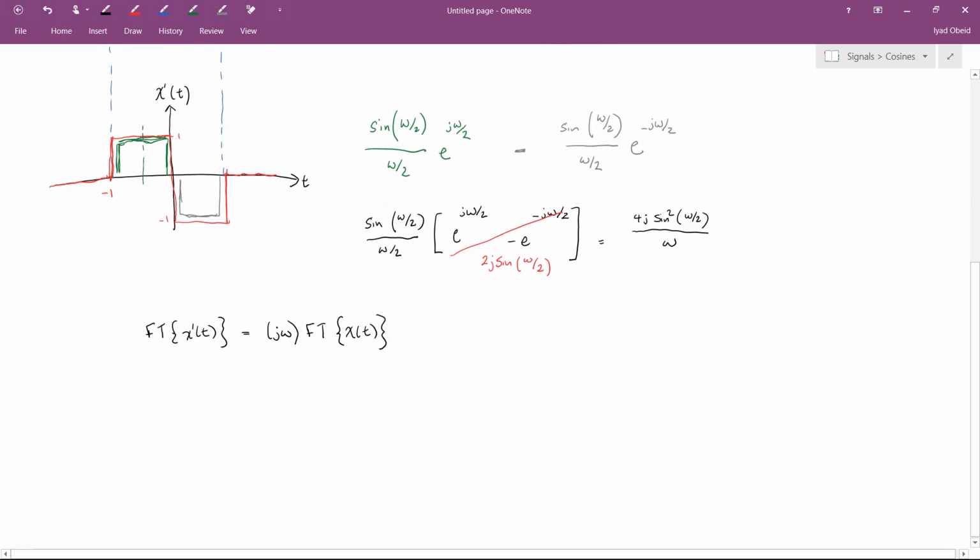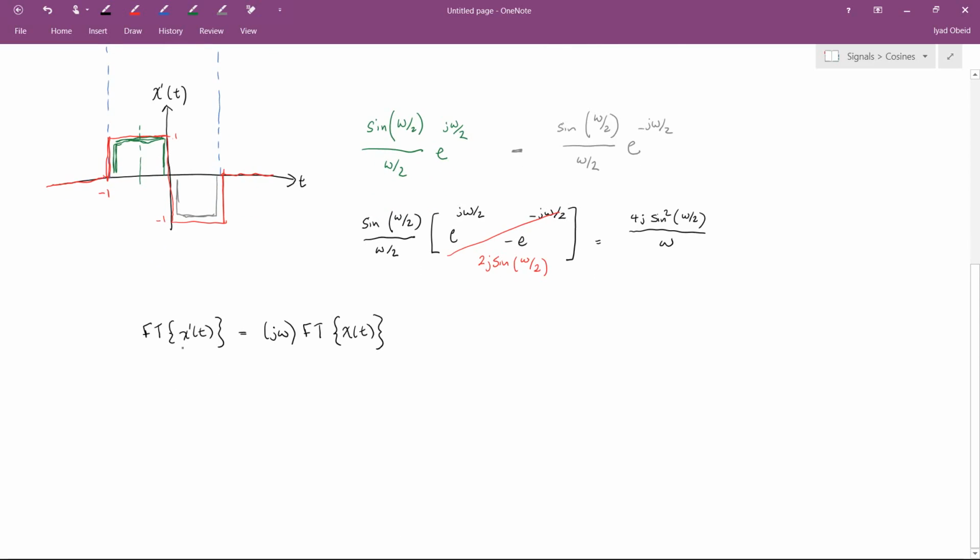Well, look what I have now. I know that the Fourier transform of the derivative is 4j sine squared of omega over 2 over omega equals j omega times the thing that I'm actually looking for, A of omega, the Fourier transform of the original signal.